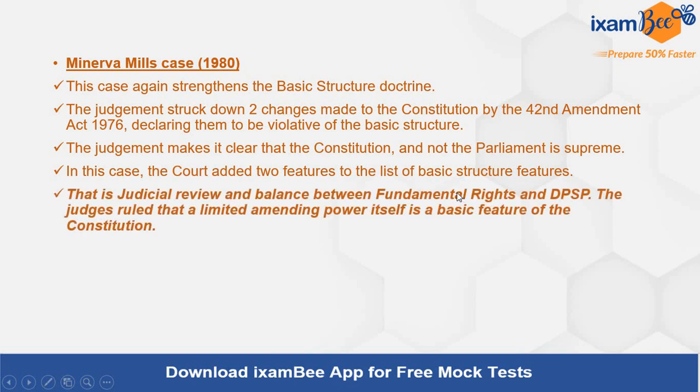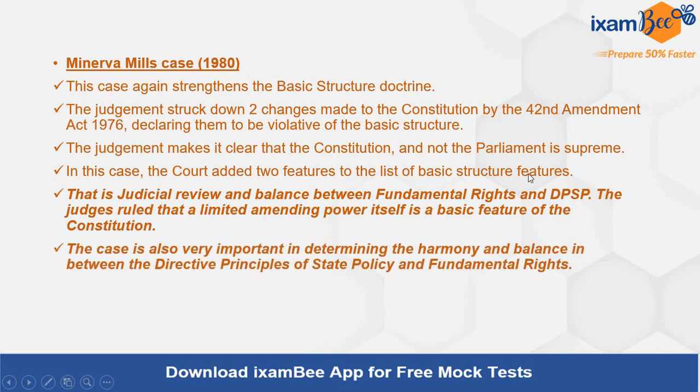Judicial review and balance between fundamental rights and DPSP. These things are very, very important features of basic structure, and judges also ruled that a limited amending power is a basic feature of the constitution. यानी कि amendment करना ये भी एक basic feature या basic structure का part है. So ये case काफ़ी ज़्यादा strengthen करता है basic structure doctrine को. So ये सारे cases suggest करूँगी आप लोग ध्यान से पढ़ें.